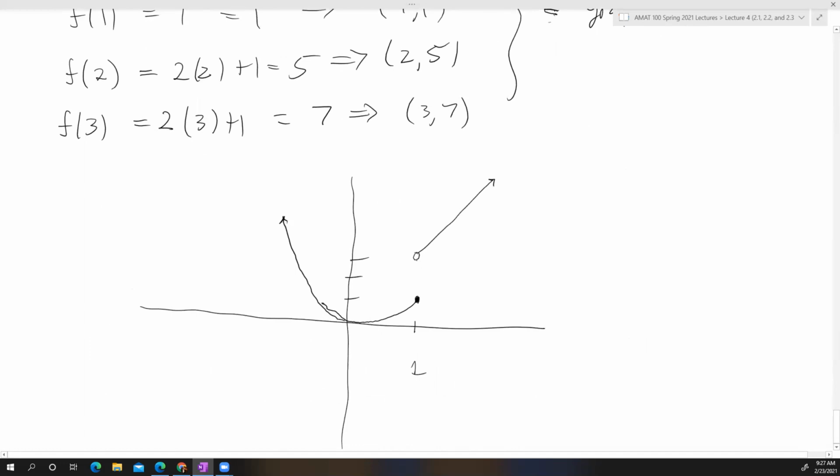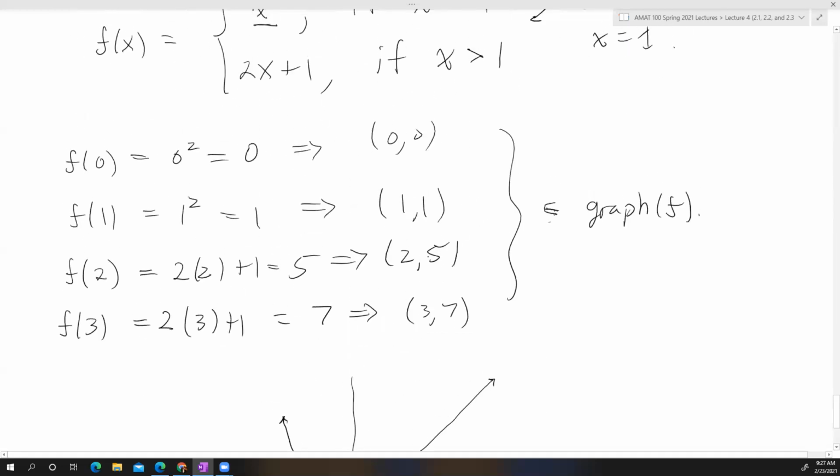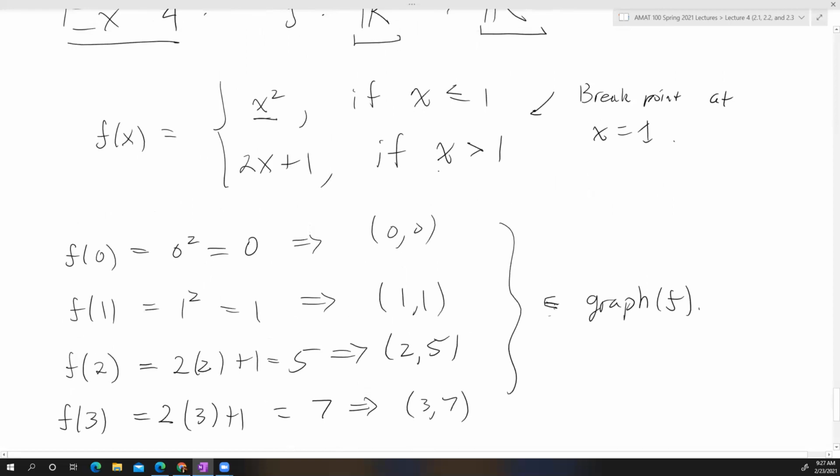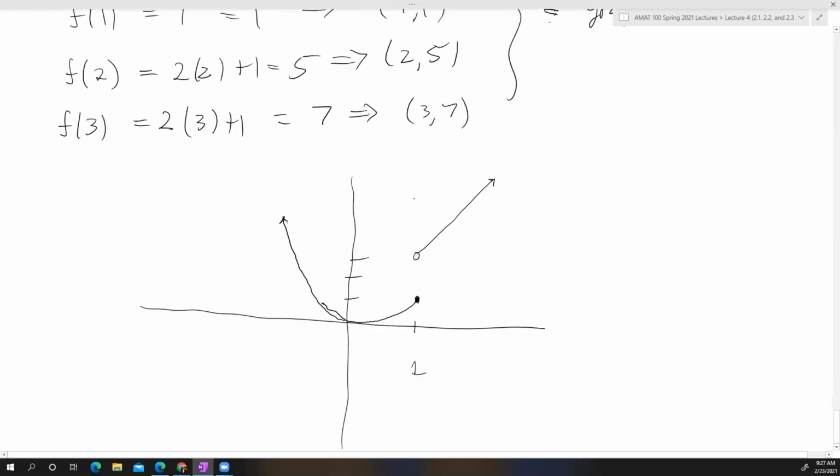And then when x is strictly greater than 1, but very close to it, now it's going to start looking like a straight line, because when x is greater than 1, you evaluate it as 2x plus 1, which is the graph of a line. So that's why we have a hole here, because it doesn't look like a line at x equals 1, but it looks like a line very close to it, and for all x values greater than 1.